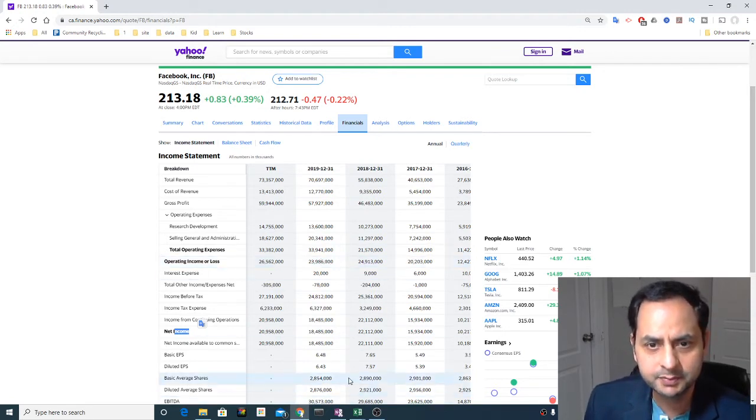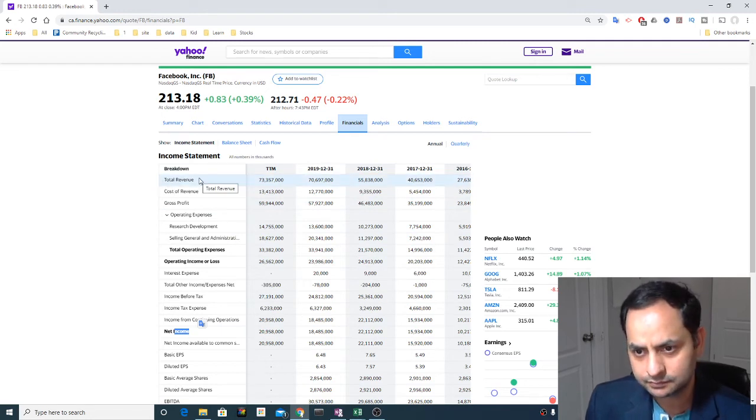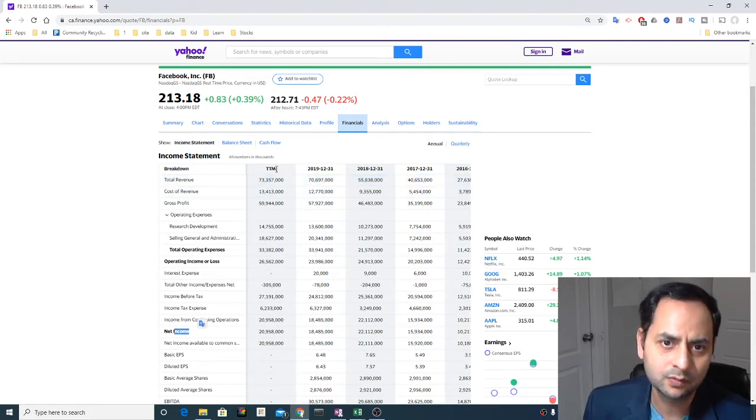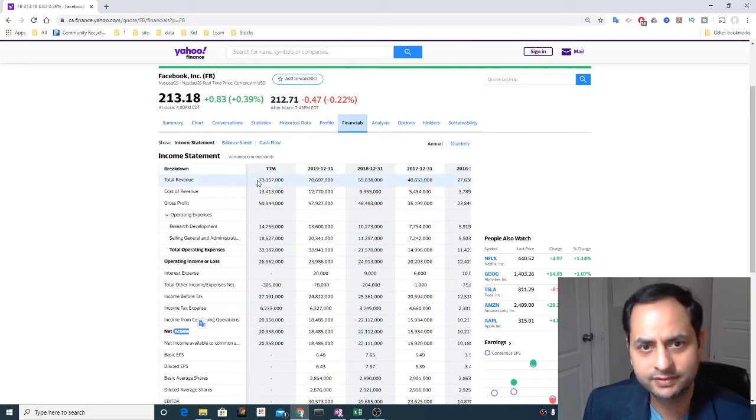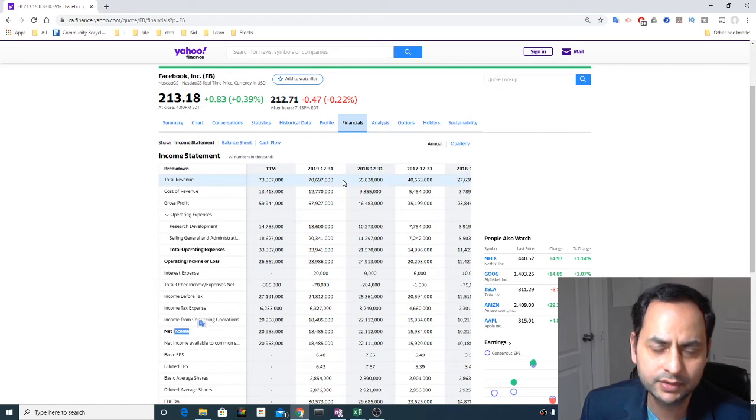First things first, this is the total revenue, as the name suggests. Whatever goods or services, in the case of Facebook, whatever software or services they sell, the income they get is called the total revenue. So this is 70 million, right? This number is represented in thousands, so this is three more zeros.